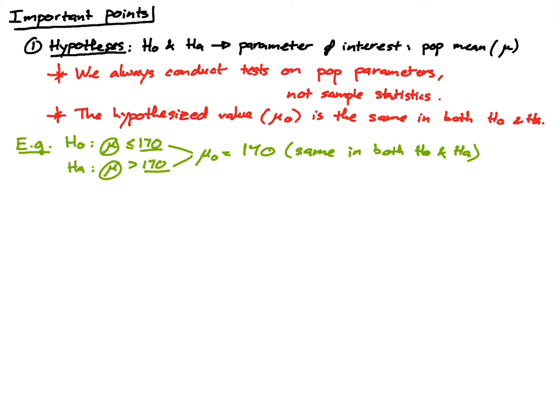Now the next point I want to make is about the level of significance. Remember that we can test at any level of significance, although we pay attention to the 1%, the 5%, and the 10% levels of significance. Now, the level of significance plays an important role in deciding whether the null can be rejected.